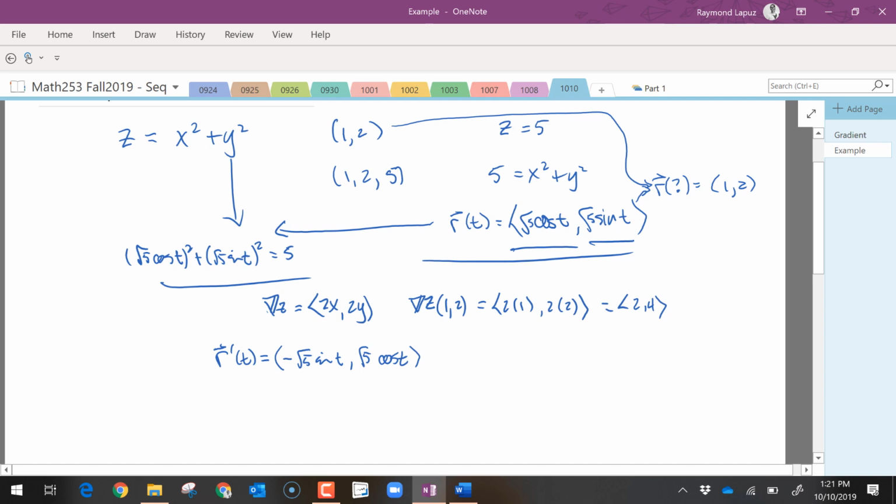Oh, that's not so easy. It's like cosine inverse of root 5 or something, 1 over root 5. I should have picked a nice point, like 1, 1.